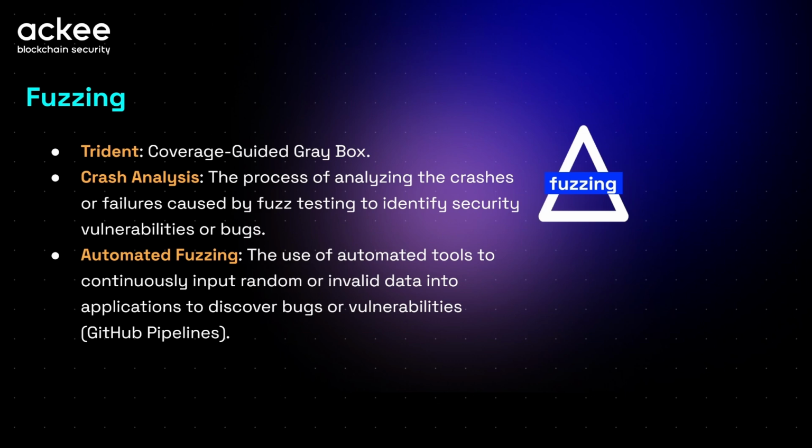So you have automated fuzzing. If the pipeline finds a crash, you know that you have issues in your smart contract or in your application, and you can investigate it deeper.